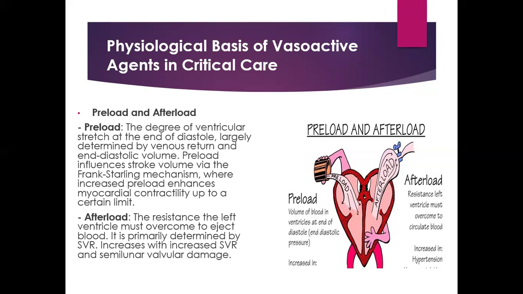And this preload is influenced by the Frank-Starling mechanism, or law, which talks about the degree of stretch of an elastic tissue determining the force that excitable tissues will exert. So this is the preload. This refers to the blood returning, we call it venous return, from the other parts of the body.